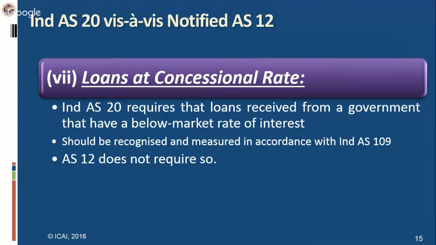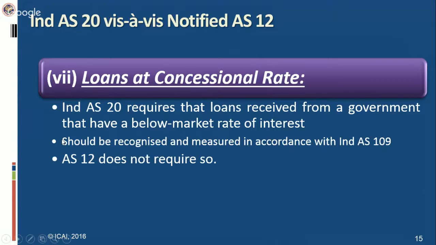The last difference in Ind AS 20 is regarding loans at concessional rate. As we have told you, as government grants can be for non-monetary assets, government grants can be at concessional rate also. So in case of concessional rate, the accounting treatment as per Ind AS 20 is that we have to recognize and measure such loans in accordance with Ind AS 109.